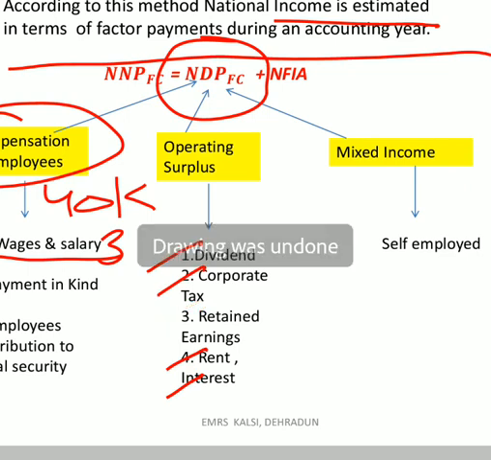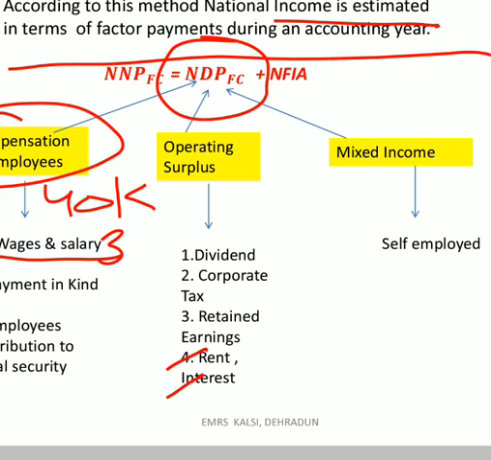If a businessman is getting profit, that profit will be divided into three parts. First part is dividend, which he will pay to the shareholders. Second part is corporate tax. Out of that profit he will pay some tax to the government. Income tax is different, but when a business earns some profit, the businessman has to pay some tax, which is called corporate tax.